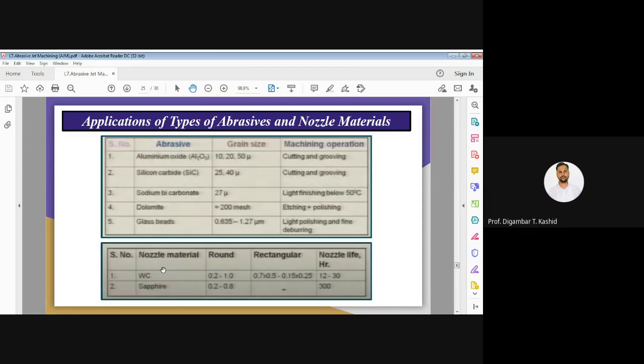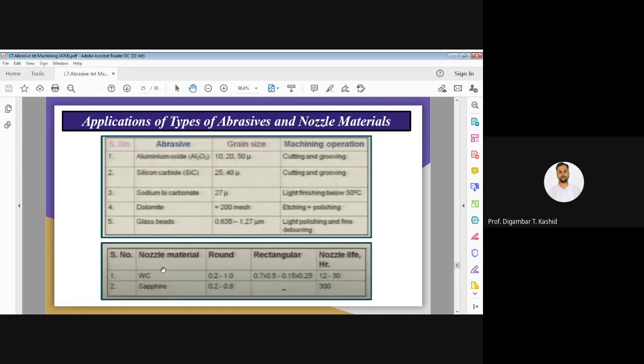It is normally mentioned in hours. This statistic I am showing is from a literature survey carried out in the advanced machining book. The nozzle life in the case of tungsten carbide is quite low, as you can see in the slide: 12 to 30 hours only.